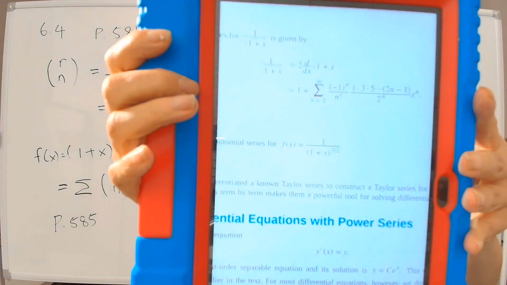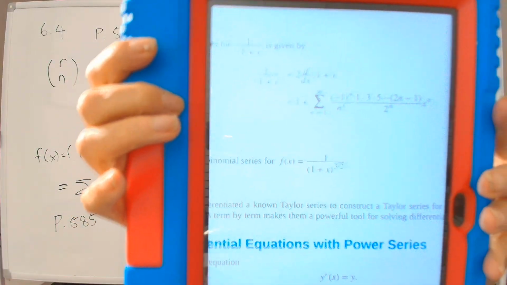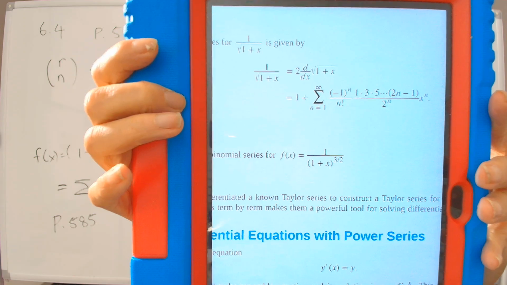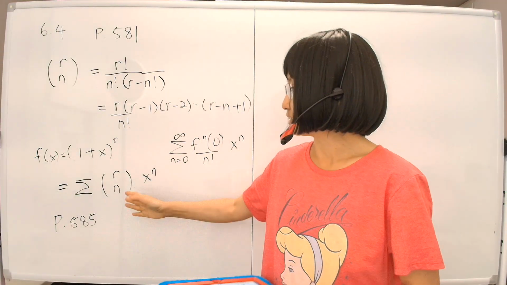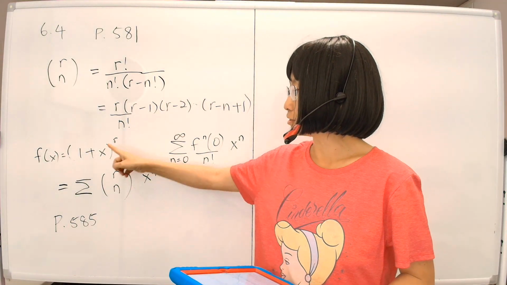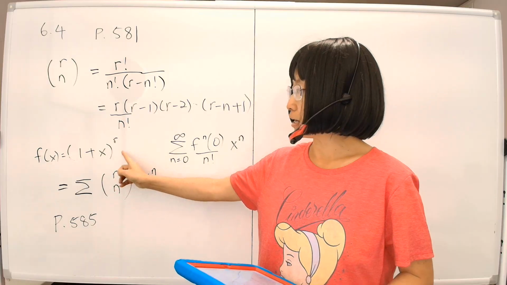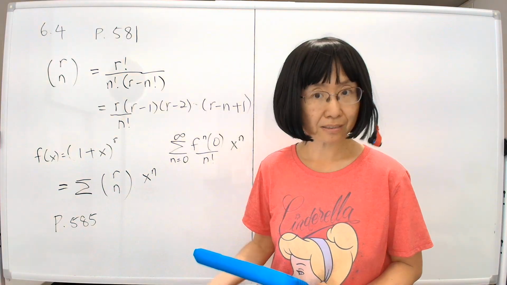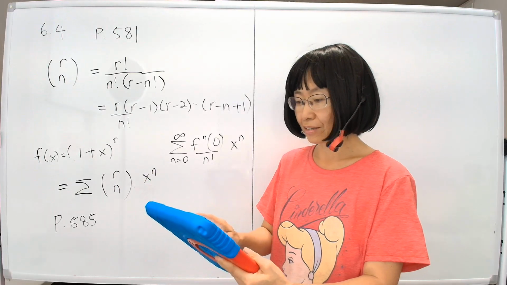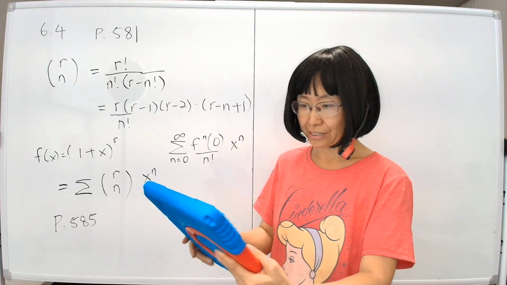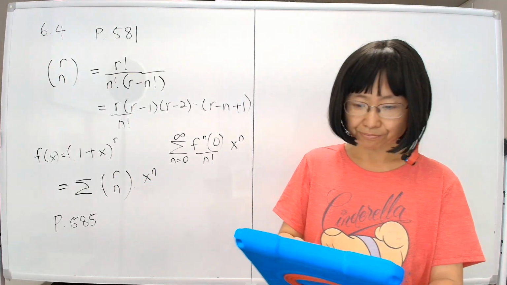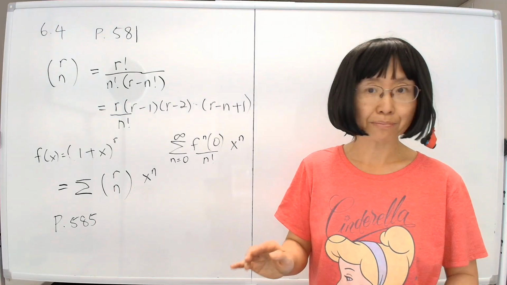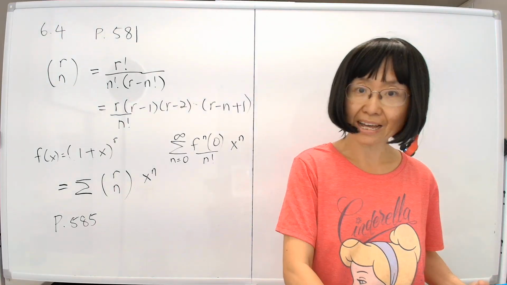That's how that is. The book probably should have written a little more, but that's the plan. If you're not sure how it's done, don't forget to plug in this infinite series, and then differentiate, and then you come up with the answer very nicely. And that is example 6.19, and please do that as your homework.